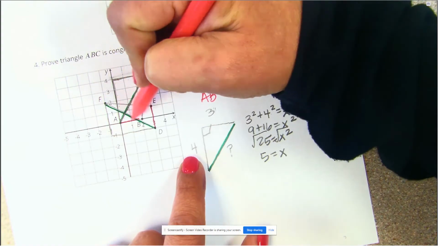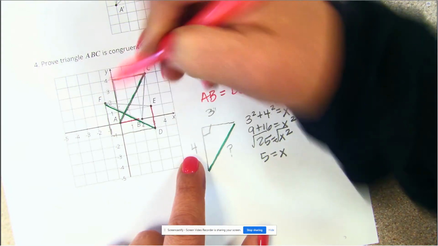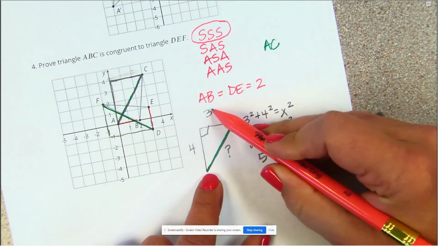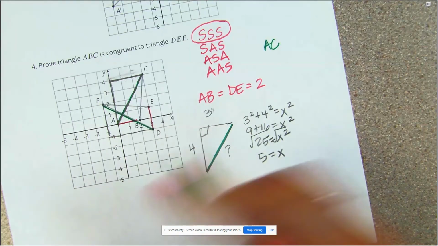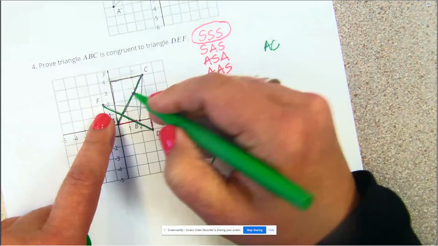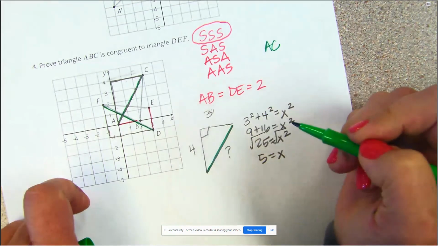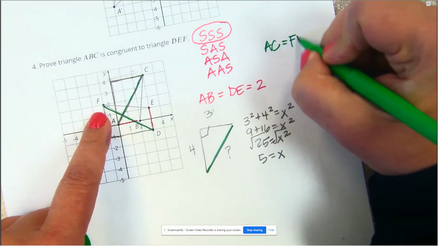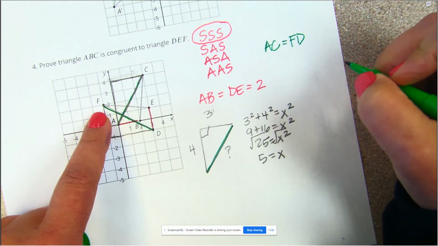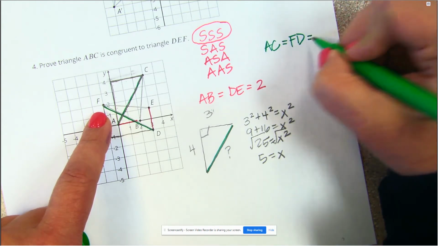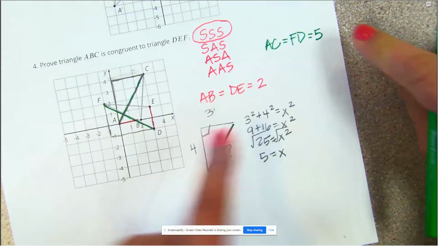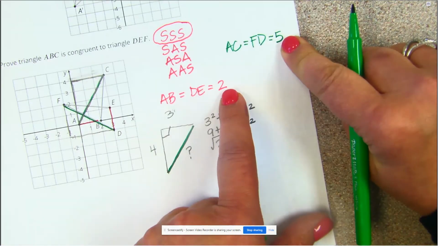And that DF is that green segment again. If I do Pythagorean theorem, I'm going to get the same thing. So I can go ahead right now and say that AC is the same as FD, or DF, I probably should have said that in the other order, but it's okay. 5. So far I've got two sides that are the same.